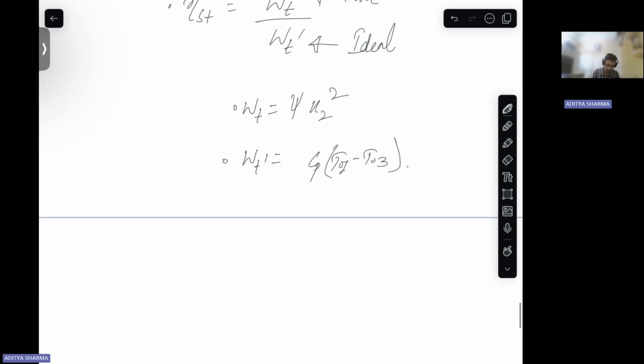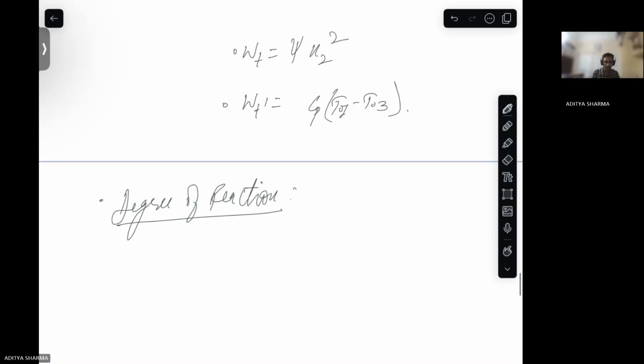So from here we can get stage efficiency, and then your degree of reaction is the expression I will just write down. This has been derived.